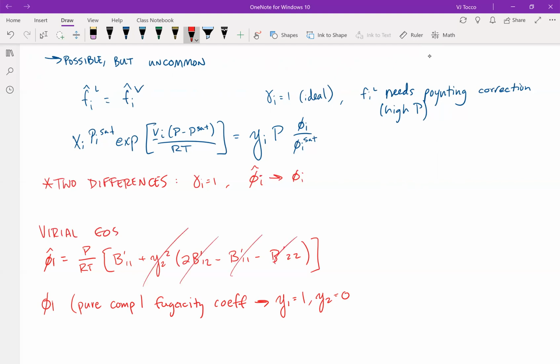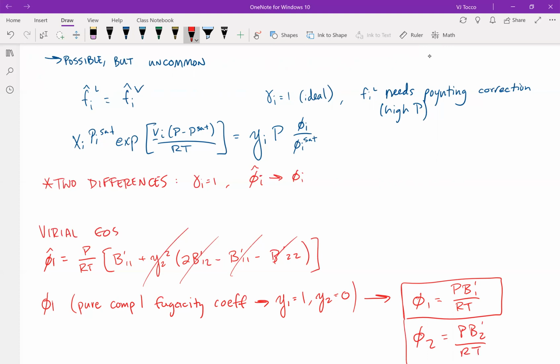This 0 kills this whole term, and I'm left with the pure component fugacity coefficient for component 1 equal to simply P B1 over RT. And same thing for phi 2: P B'2 over RT, where B1 and B2 are calculated just like normal virial second coefficients.